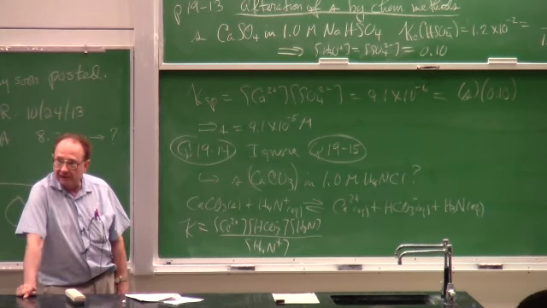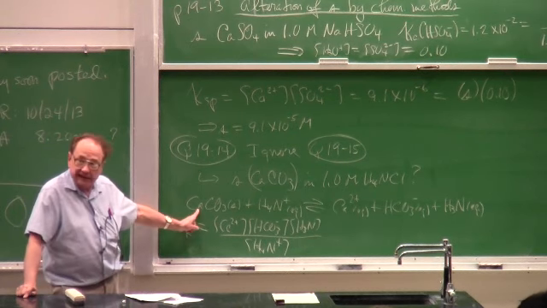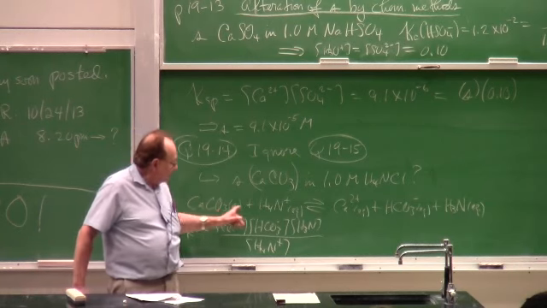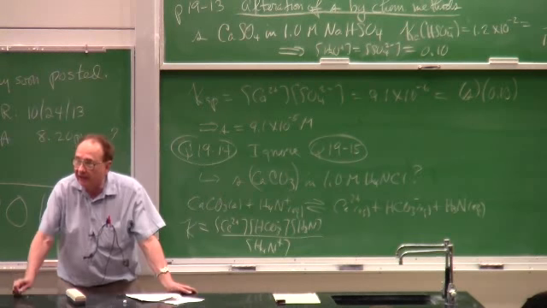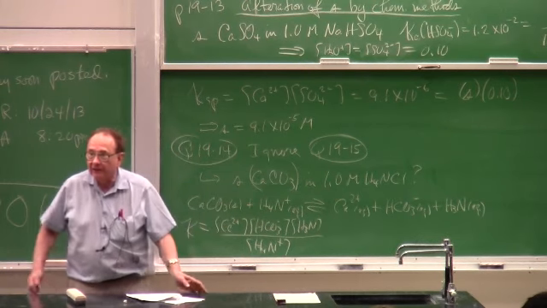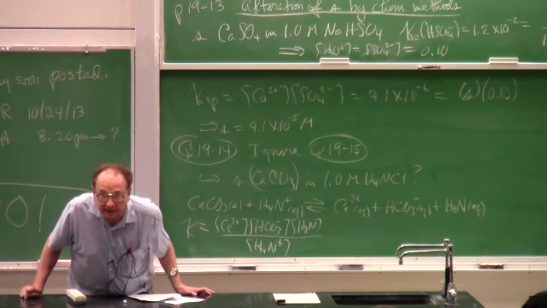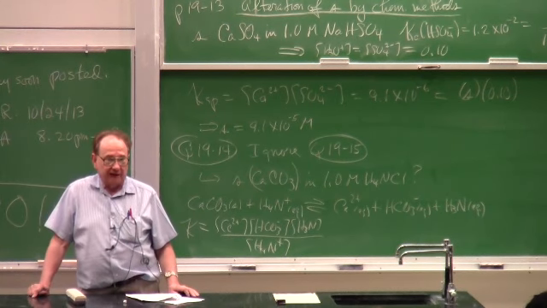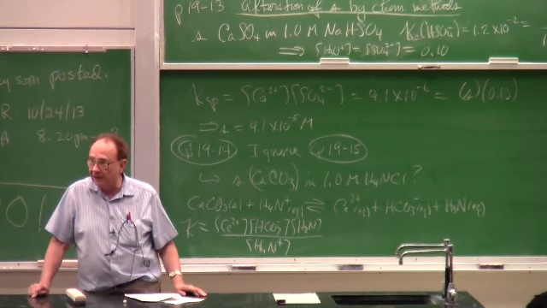What shall I recognize it to be composed of? How about KSP, calcium carbonate? Damn right. Carbonate ion becoming bicarbonate ion. How about KB carbonate? Damn right. Ammonium ion becoming ammonia. How about Ka ammonium ion? Damn right. So I know what Ks I'm looking for, don't I? I got to put them in properly.